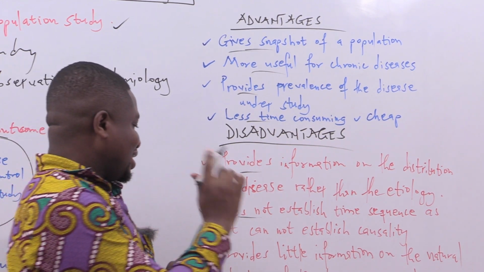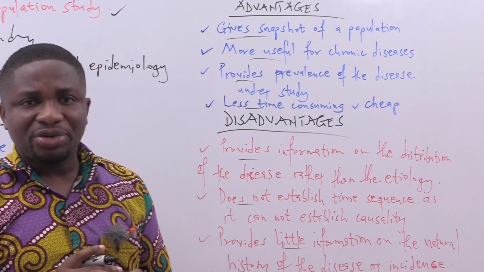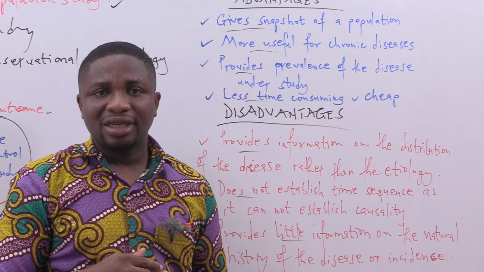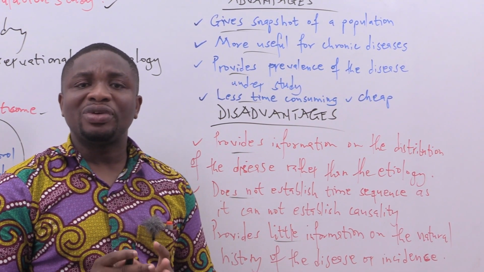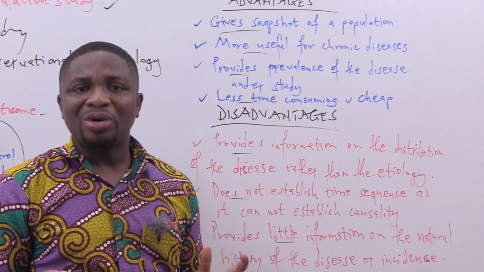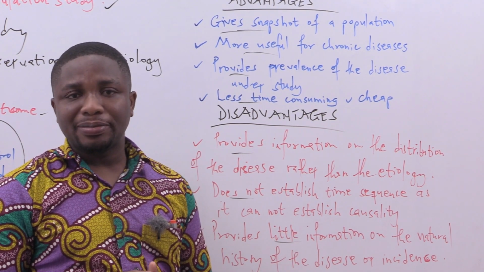The next one is that it provides little information on the natural history of a disease or incidence of a disease. When we say natural history of a disease, we are talking about the progression of a disease process in the absence of an intervention, which may be in the form of a treatment.